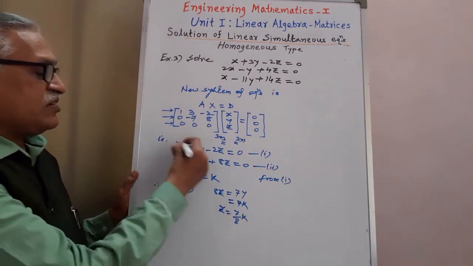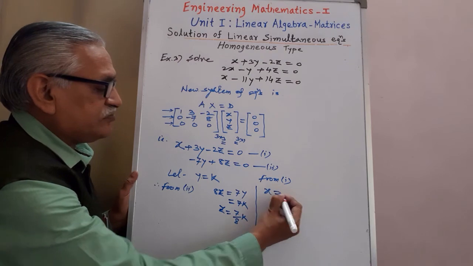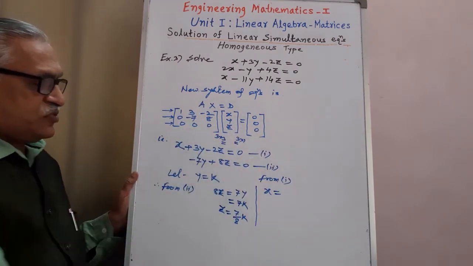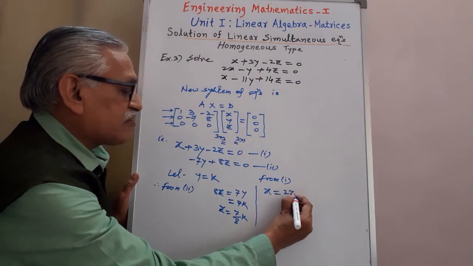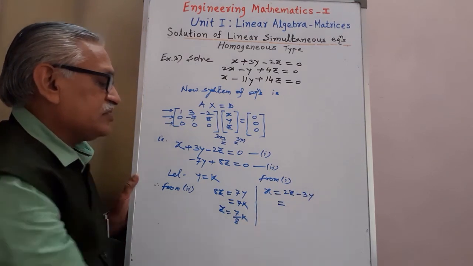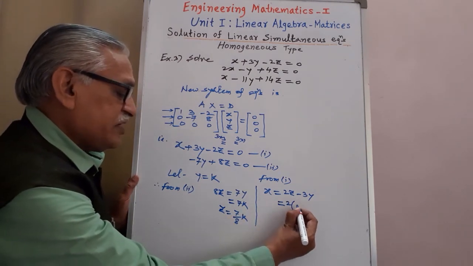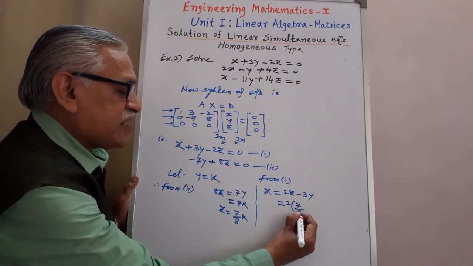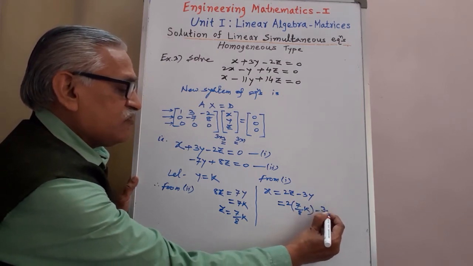from equation 1 we get the value of x as, transferring all of the terms to the right hand side, 2z minus 3y. Substitute the value of z, therefore 2 times z is 7 by 8 times k, minus 3y, y is k.